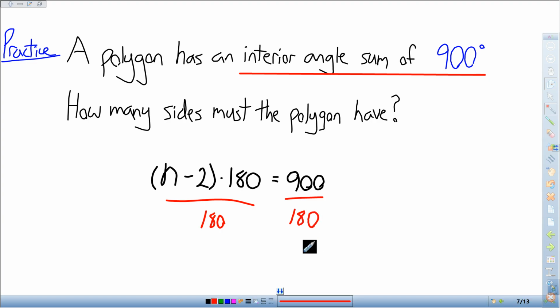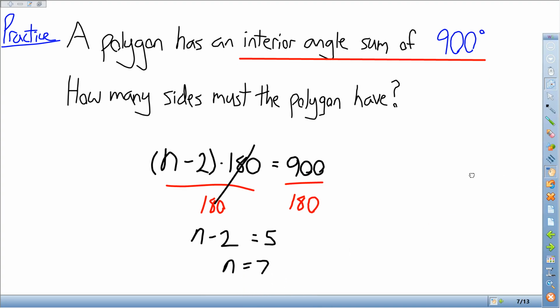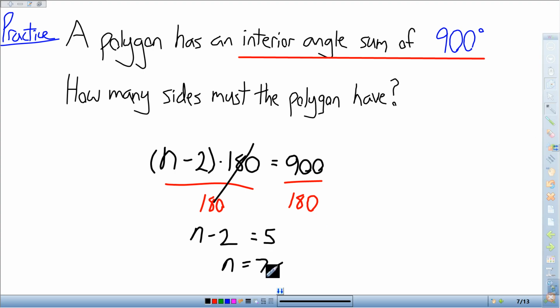So let's see, 900 divided by 180, we've got 5. Okay, so we've got an n minus 2 on the left, 5 on the right. Probably just do this in our head, right? Add 2 to both sides. It looks like the number of sides is 7. Okay, which, by the way, this thing would be a heptagon, right? And let's add that word sides to it.